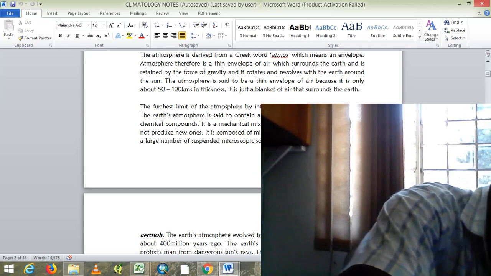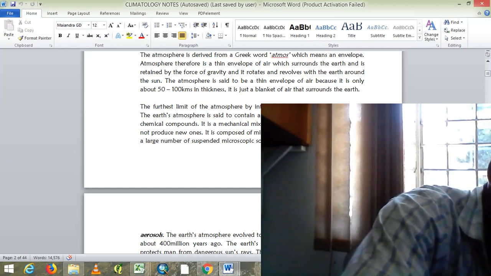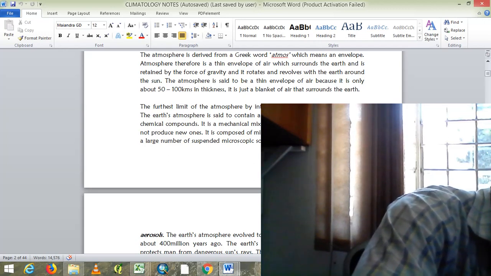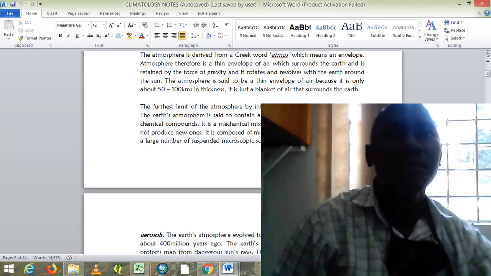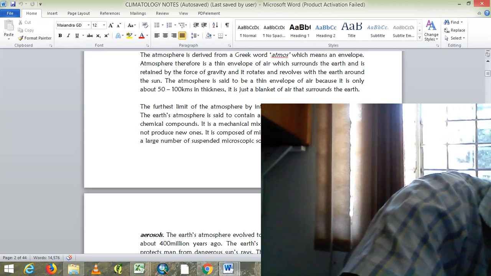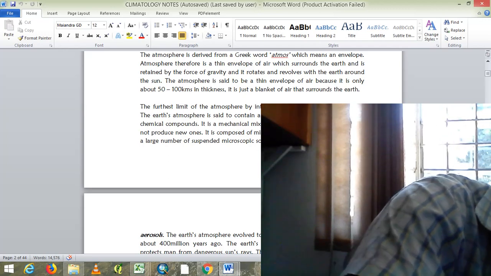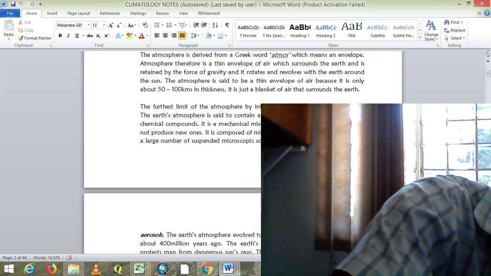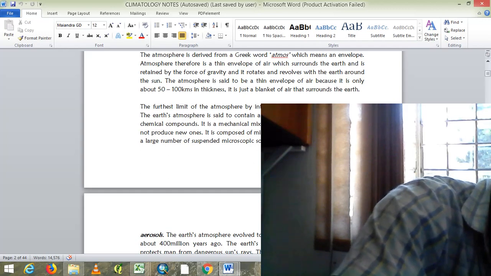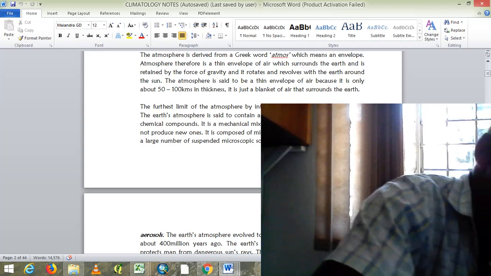But from here to the upper limit of the atmosphere, this one is a longer distance than this. Here it goes up to 100 kilometers. That's what I'm talking about. Here, because this one is bulging, maybe I've not even drawn it perfectly. It bulges around the equator. The distance from here to here is not the same as from here to here.